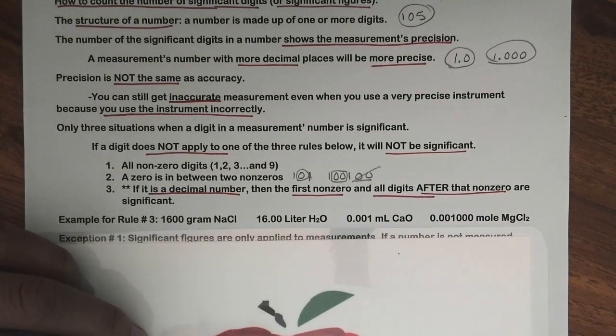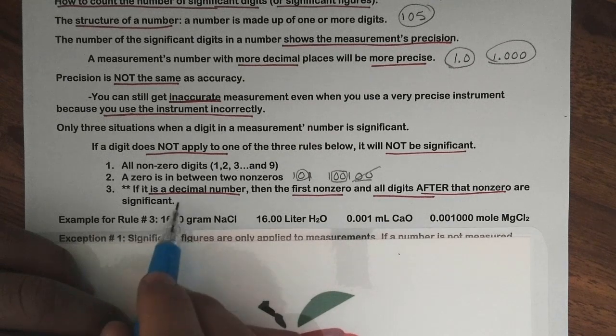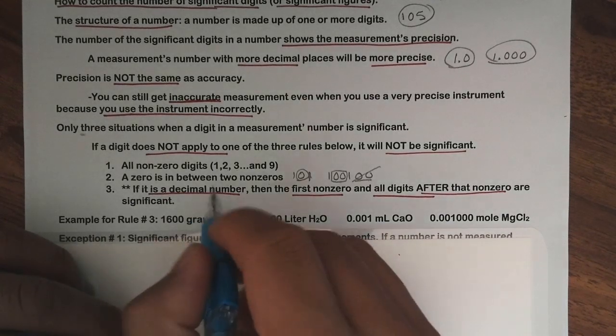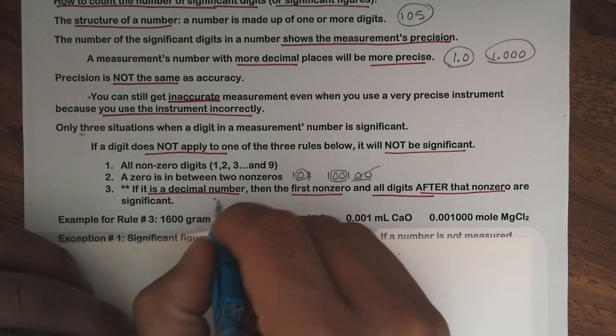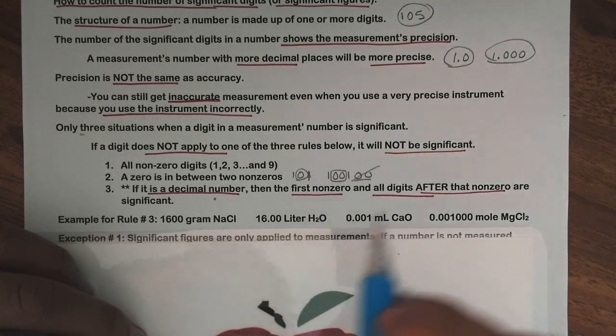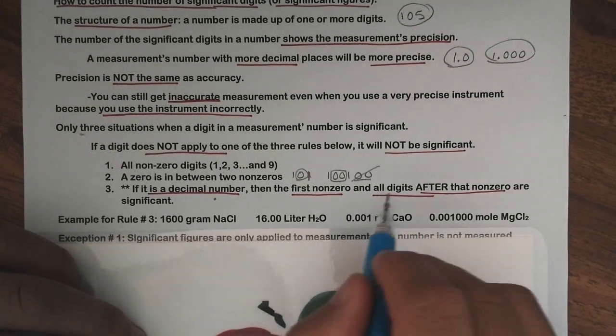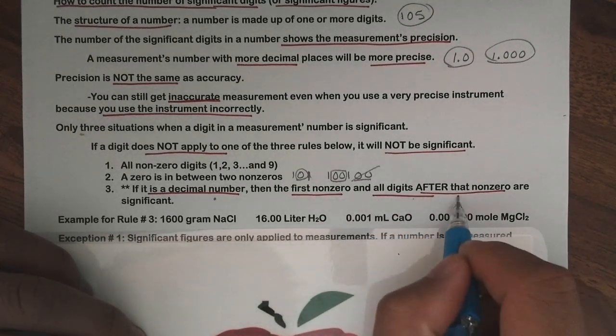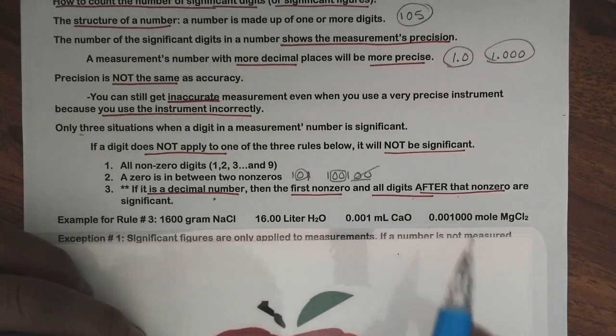And here's the most important rule of all: if you have a decimal number, one that has a decimal point like this, then you look for the first non-zero, and all the digits after that non-zero are significant. Let's look at some examples.